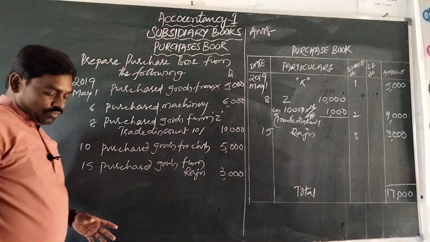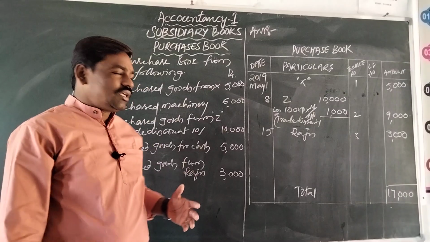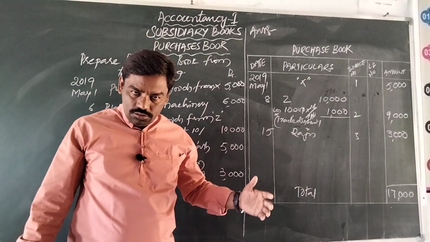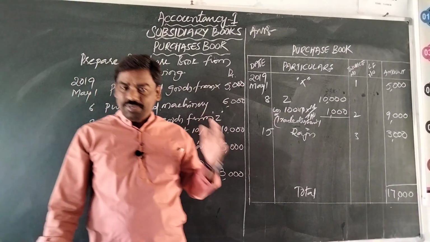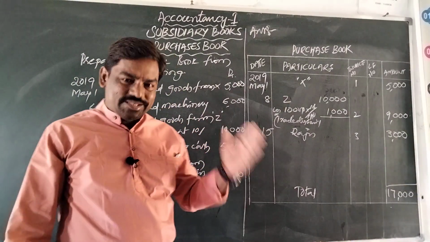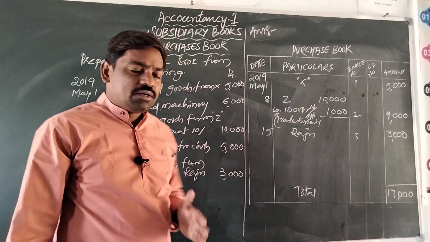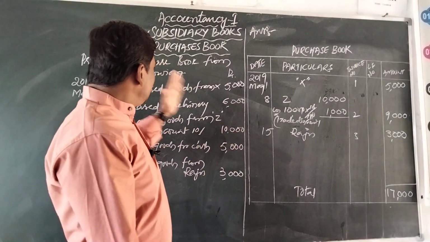Let me explain the things once again. Here the purchase book is one of the subsidiary books. There are a total of 8 subsidiary books. They are namely purchase book, purchase returns book, sales returns book, cash book, bills receivable book, bills payable book, and last and final one, that is general proper. So here, the purchase book.